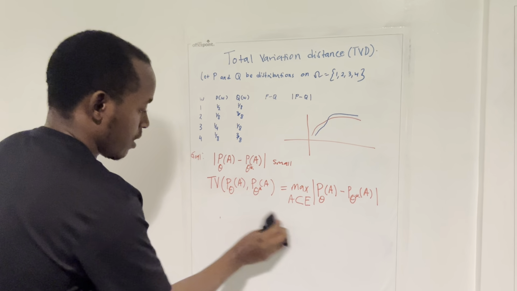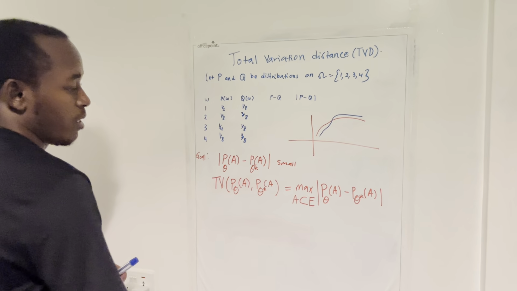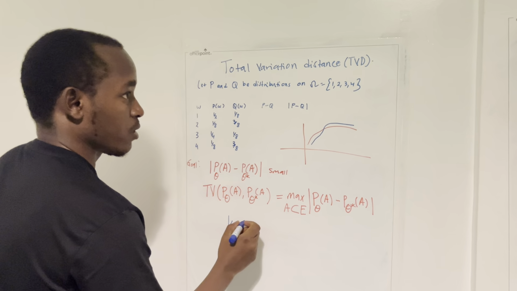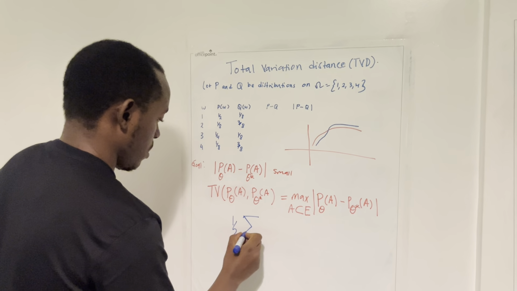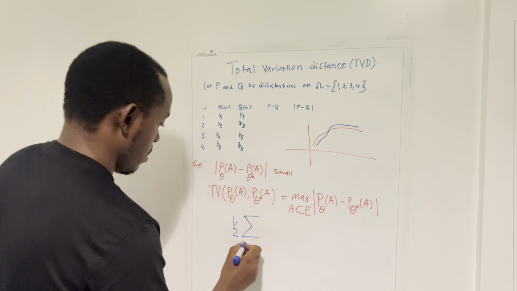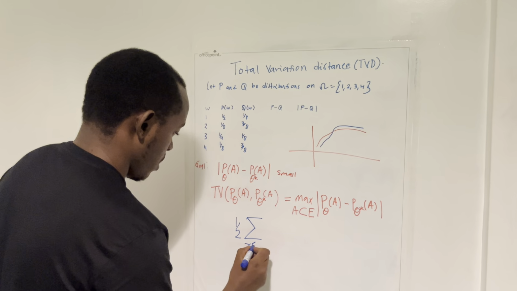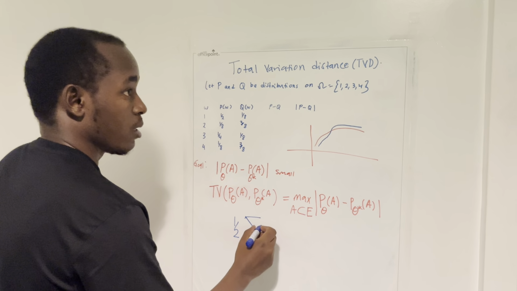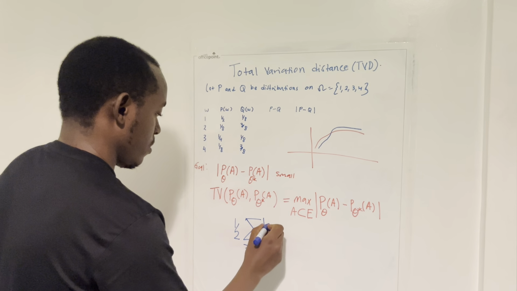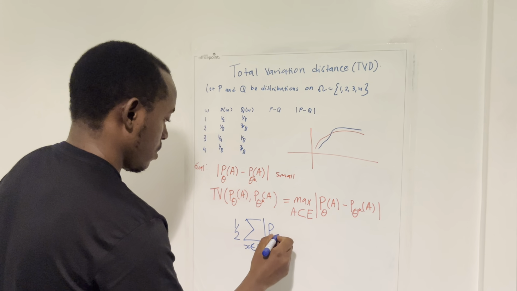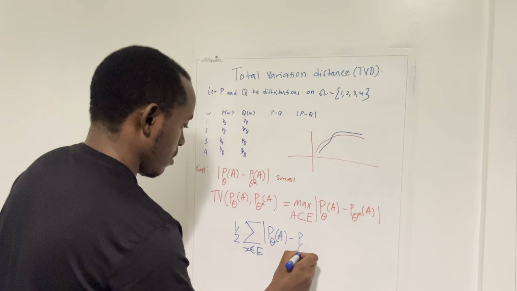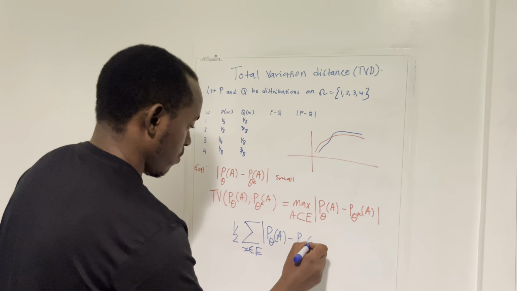This same formula is written in another form which we actually use for calculation, which is something like this. Take an element of a sample space, then we find the absolute value between P theta of an event A minus P theta star of an event A.